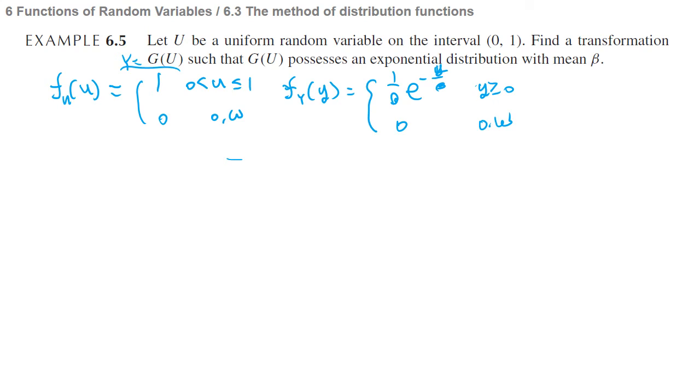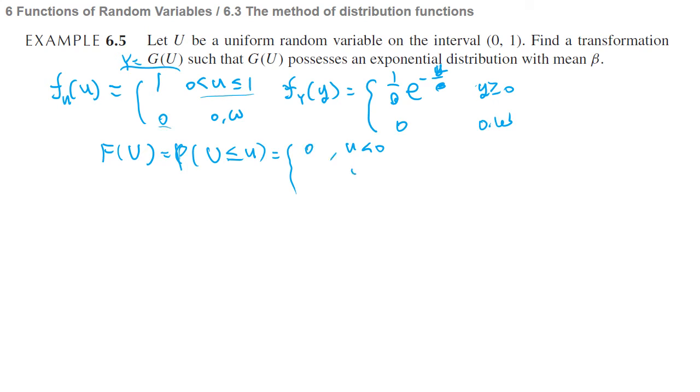So this is the density function for the exponential distribution. If you calculate the distribution function F(u), which is the probability of U less than or equal to u: if u is less than 0, this region is not included and the density is 0, so it is 0.